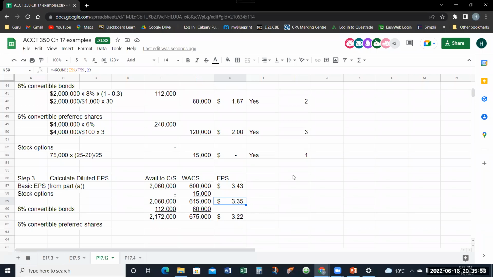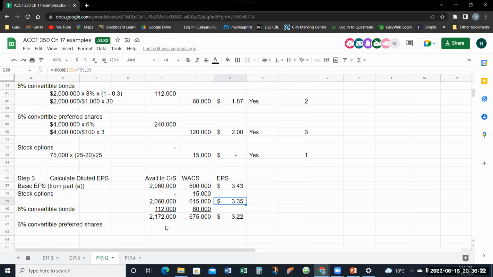Go on to the next one, which is my convertible preferreds. If the preferred shares got converted, we would no longer have to pay the preferred dividend. Remember, income available to common is net income minus the preferred dividend. If there was no preferred dividend, all of that income would belong to the common shareholders.